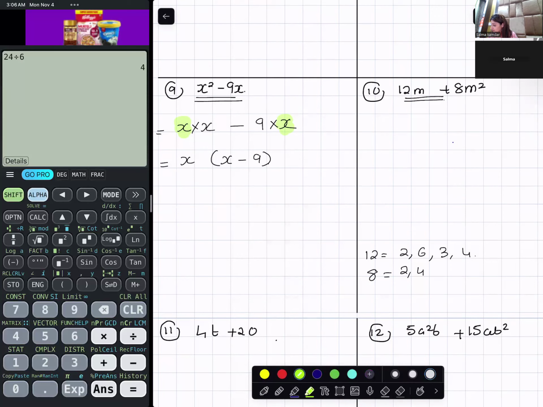What are the common factors over here? 4. So 12 I can write as 3 into 4 into m, and 8 I will write as 2 into 4 into m into m. Identify the common factor. 4m. Common factor is written outside, everything else inside. So it is 3 plus 2m.